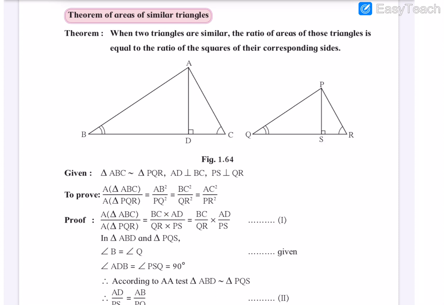Corresponding sides mean a side of this triangle and the corresponding side of the second triangle: AB square by PQ square.